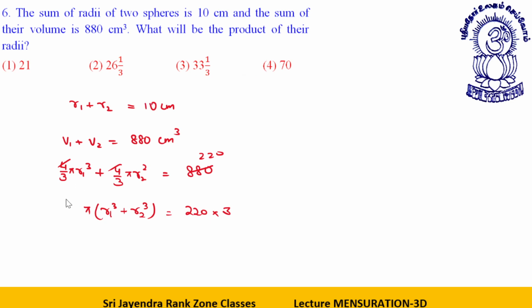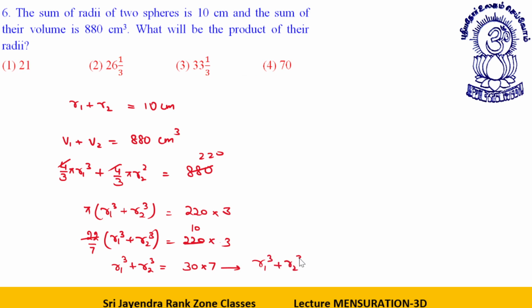Now again, the value of pi is 22 by 7, so r1 cube plus r2 cube is equal to 220 into 3 divided by 22. 22 and 220 cancel to give you 10. 10 into 3, 30. r1 cube plus r2 cube is equal to 30 into 7, that gives you r1 cube plus r2 cube equal to 210.